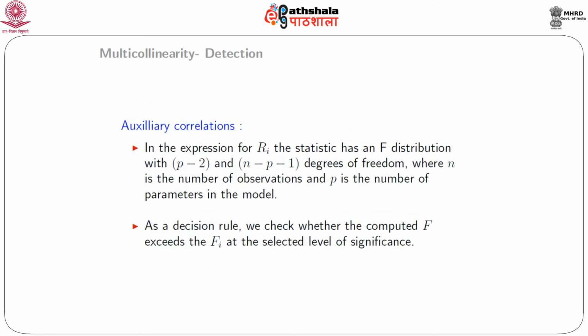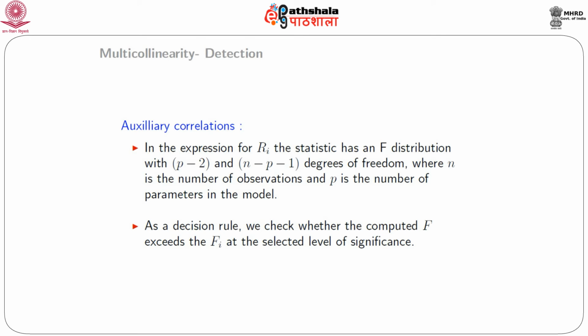In the expression for Fi, the statistic has an F distribution with degrees of freedom p minus 2 for the numerator and n minus p minus 1 for the denominator, where n is the number of observations and p is the number of parameters used in the fitted model. As a decision rule, we check whether the computed Fi exceeds the critical F at the selected level of significance.